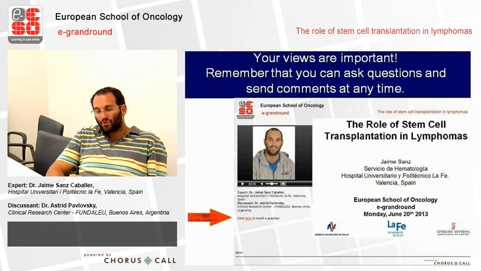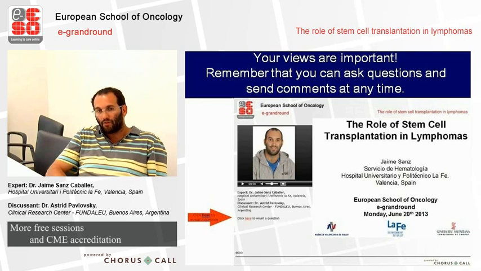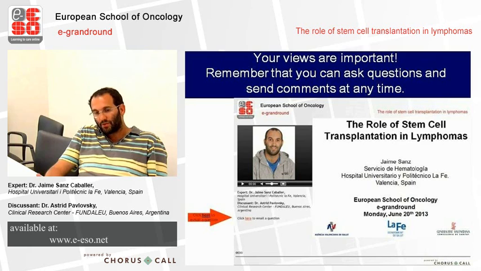However, those negative prognostic factors also affect the results of autologous transplant. And although those prognostic factors can predict the risk of relapse, you can never predict in an individual patient.